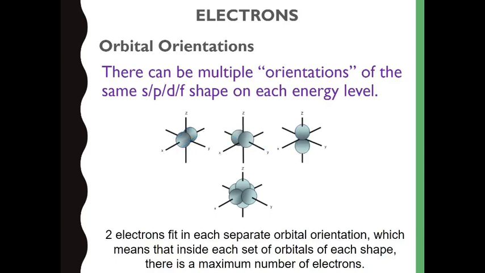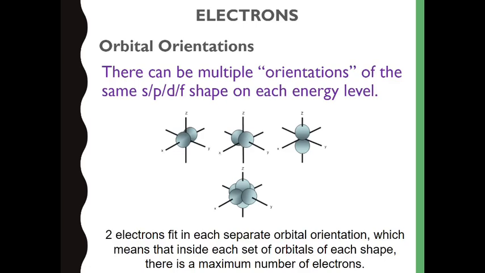They're all peanut-shaped orbitals. They're all p orbitals, but they're oriented in different directions, and when they overlap, they make this kind of big cloud-like shape. And the important thing to recognize about these different orientations is that 2 electrons fit in each separate orbital, which means that inside each set of orbital, there is a maximum number of electrons on each energy level.